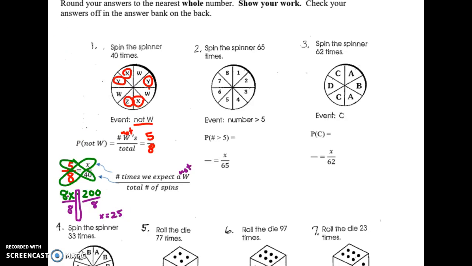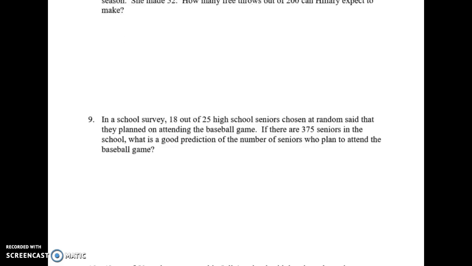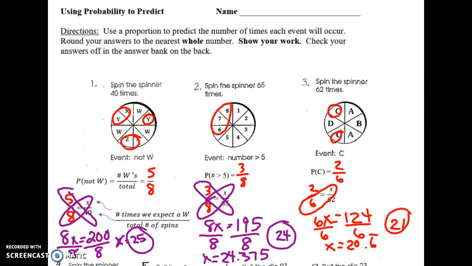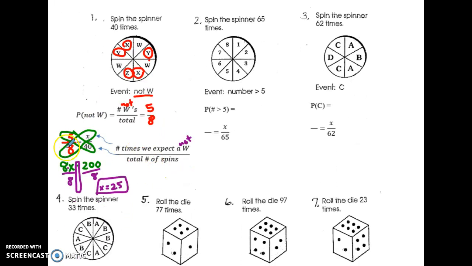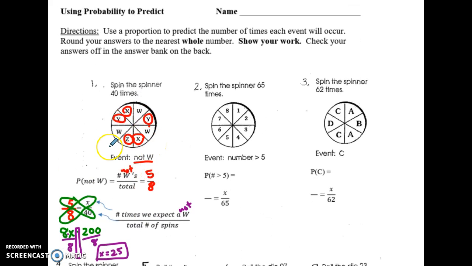So if you would look on the back of your paper, I believe down at the bottom there's an answer bank, and 25 is on it, so cross that off, please. So we can expect 25 times out of 40 spins, you're going to end up with a letter that is not a W. So guys, this is how we use proportions and probability to make predictions.